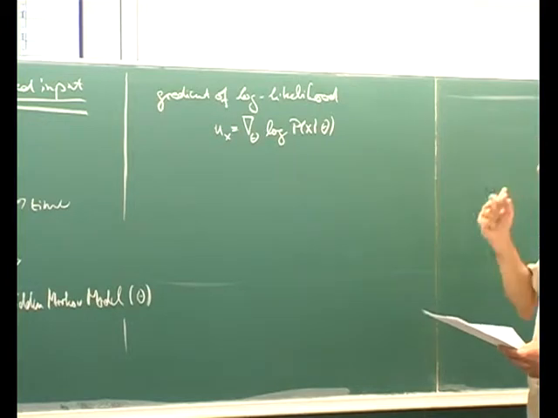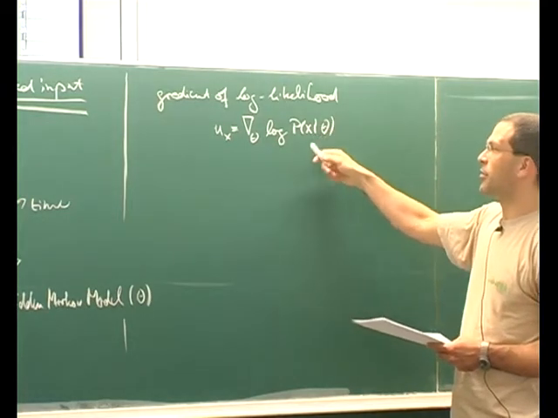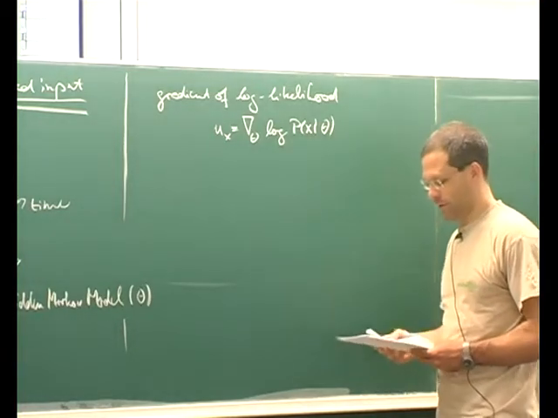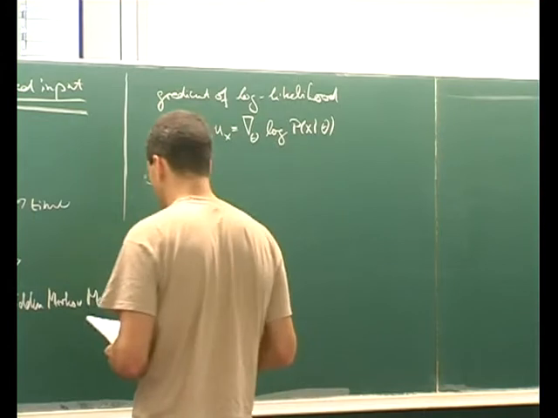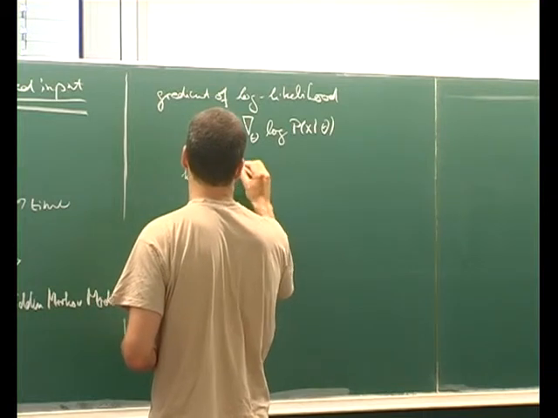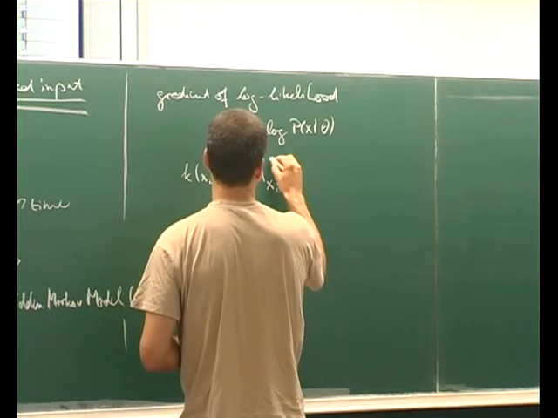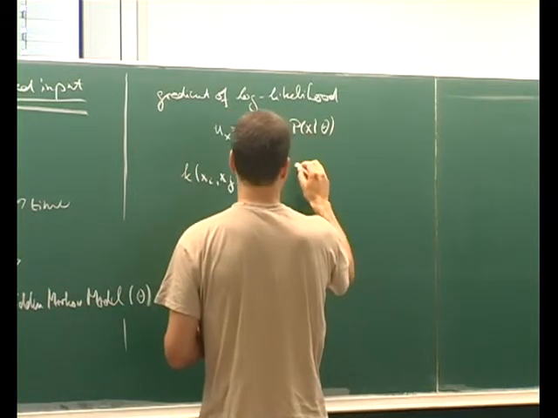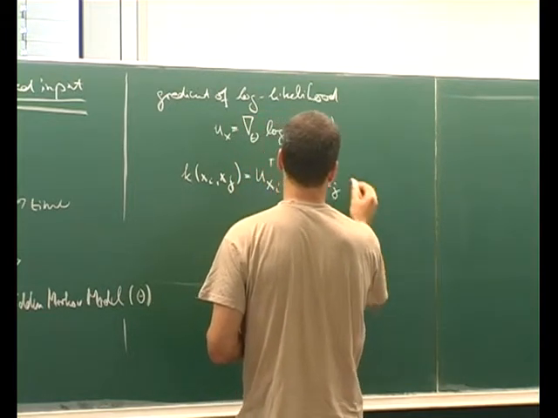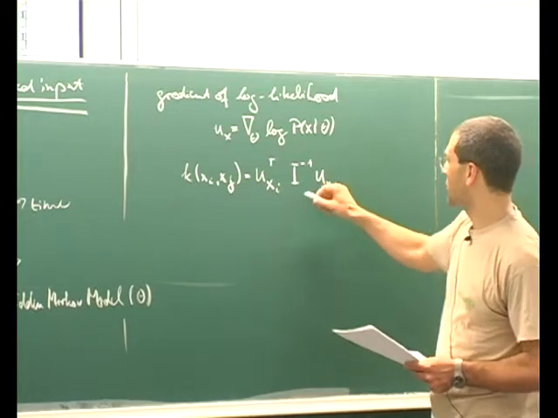And we now take the derivative of the log likelihood of a given model, the log likelihood of the data given a certain parameter. And the Fisher kernel can then be defined as follows, where I is the Fisher information matrix.